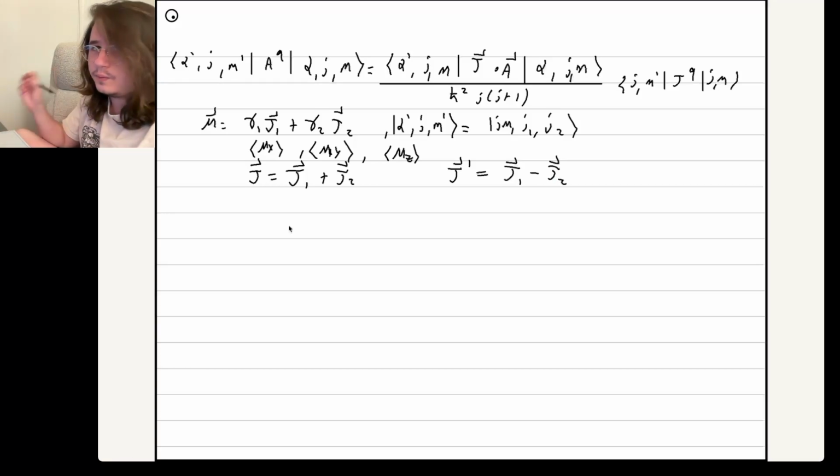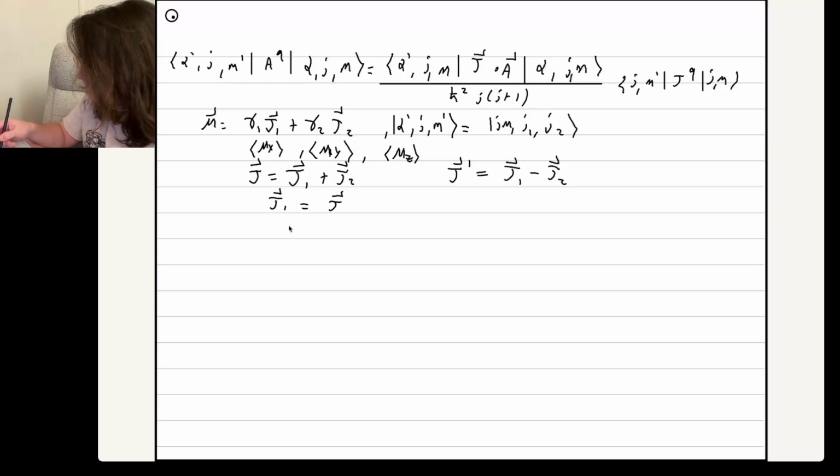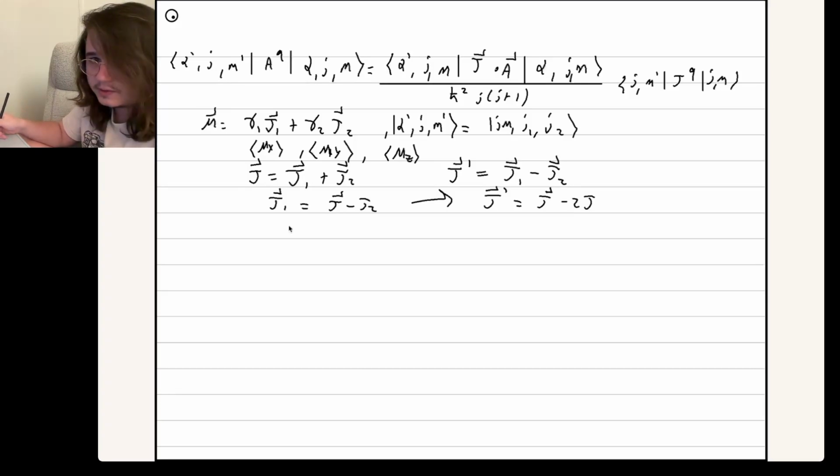Then just solve for j1 here. So that'll be j minus j2. Plug this in over here, so you'll have j prime equals j minus 2j2. Solve for j2 as being j minus j prime over 2.